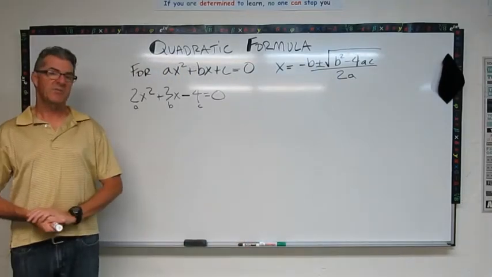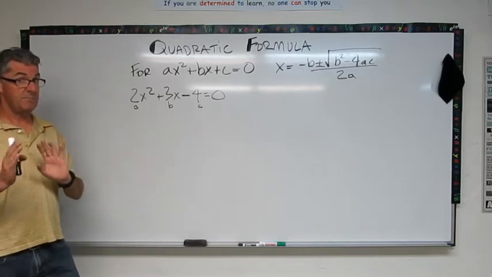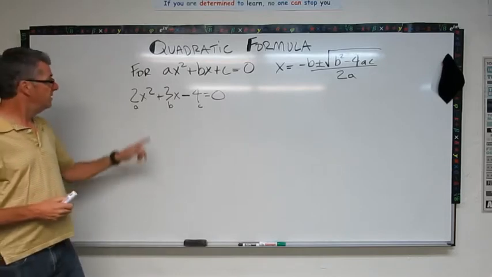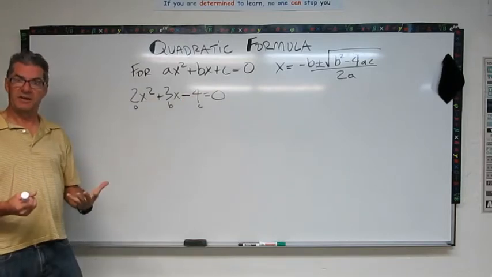Okay, let's do a second problem. I'm going to go ahead and step you through this one, but if you're feeling adventurous and bold, pause the video now, plug in your a, b, and your c into the quadratic formula, and see if you can get there.